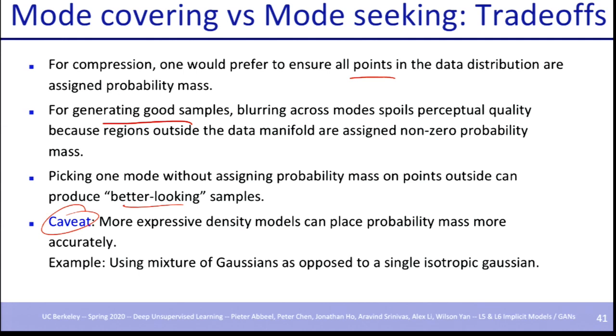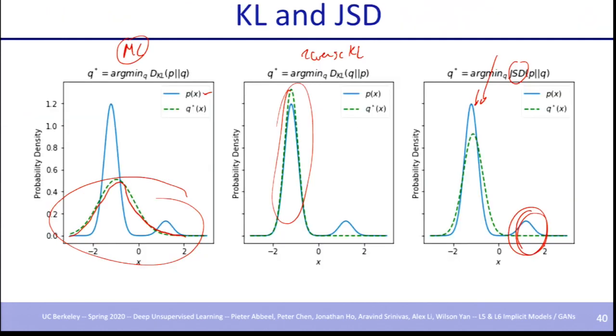Quick caveat here. The reason we had to make a trade-off is because what we're fitting is a unimodal Gaussian to a bimodal Gaussian distribution. If we were fitting a bimodal Gaussian to a bimodal Gaussian distribution, we could fit things more closely and we would not have to make this trade-off.